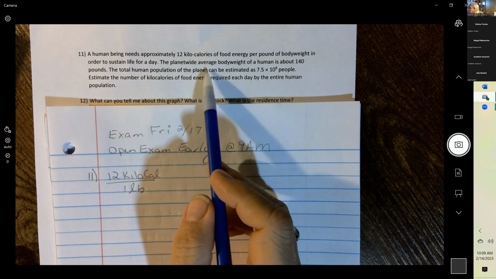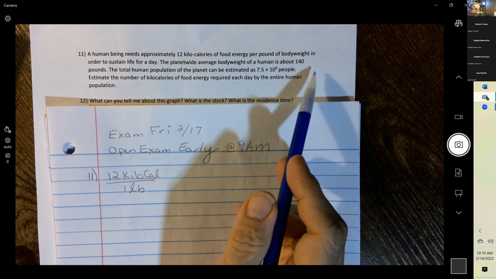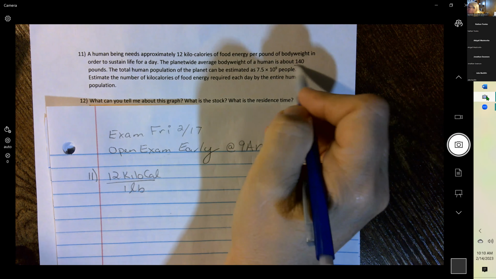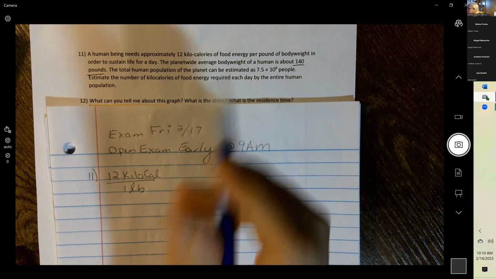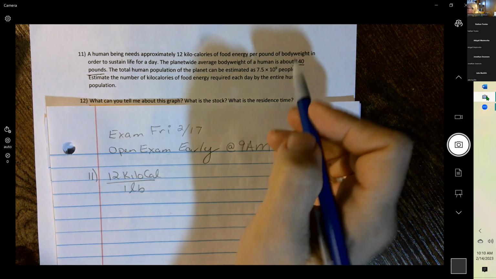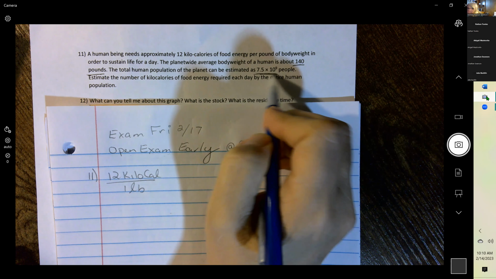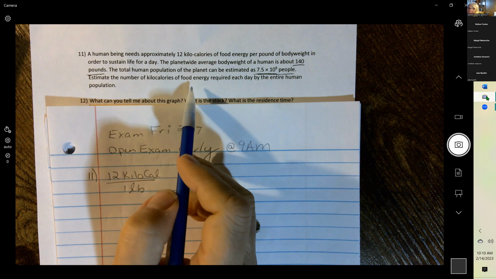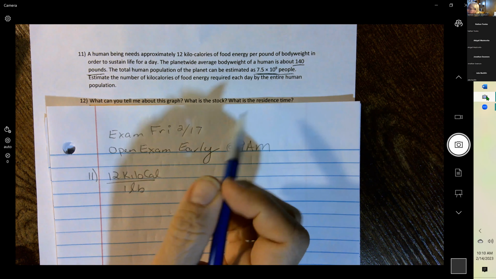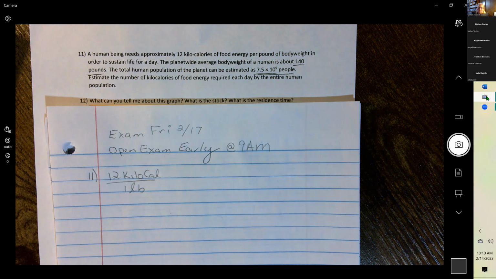The planet-wide average body weight of a human is 140 pounds. The total human population of the planet can be estimated by this. Estimate the number of kilocalories of food energy required each day by the entire human population.